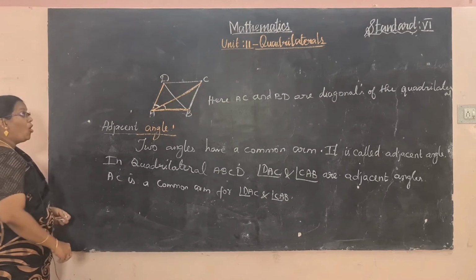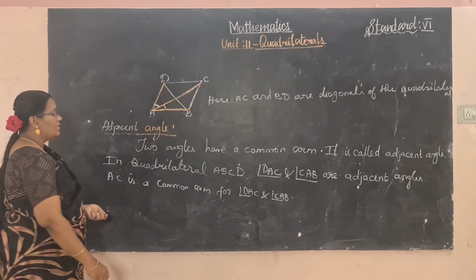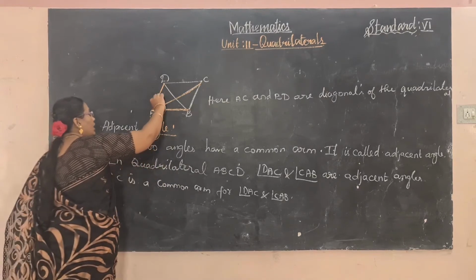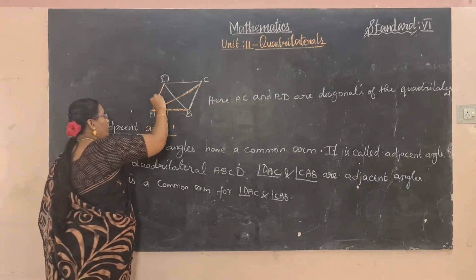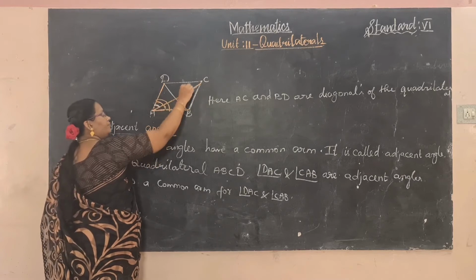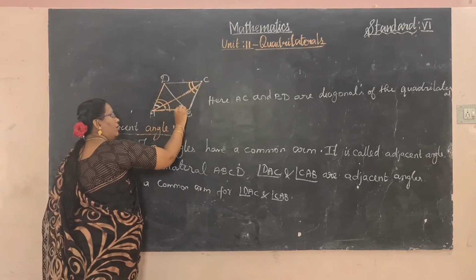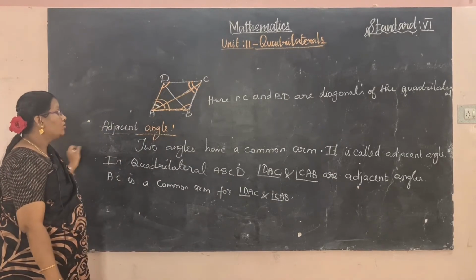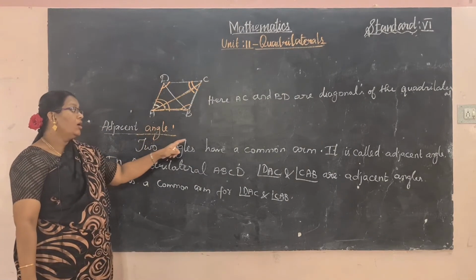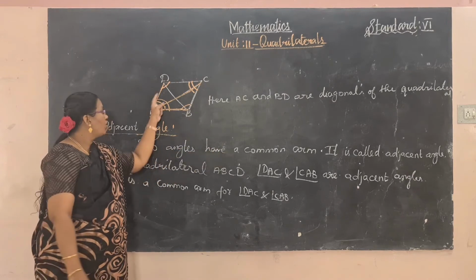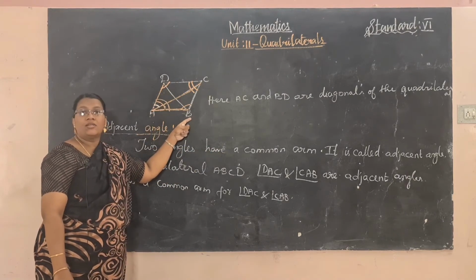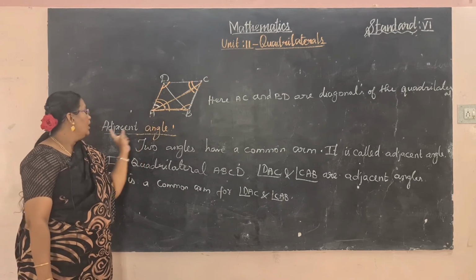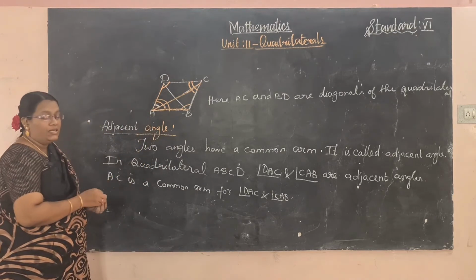And next one, opposite angles. Opposite angles means two angles not having a common arm. Are there any common arms between these two angles? No. That type of angles are called the opposite angles.